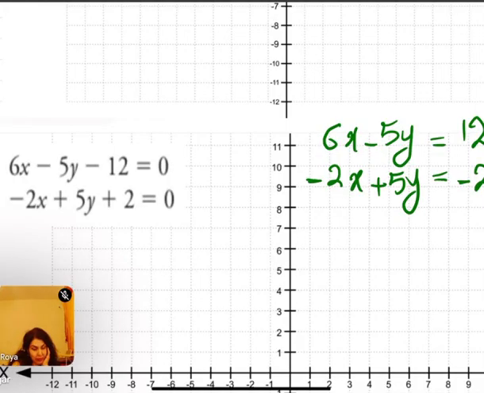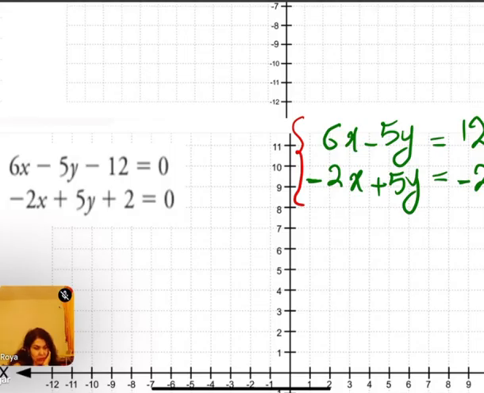Now, yes, we can write it in y-intercept form, which means that, same as before, you can move 6x over to the other side.